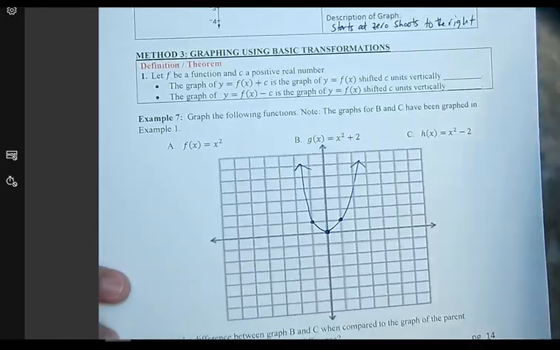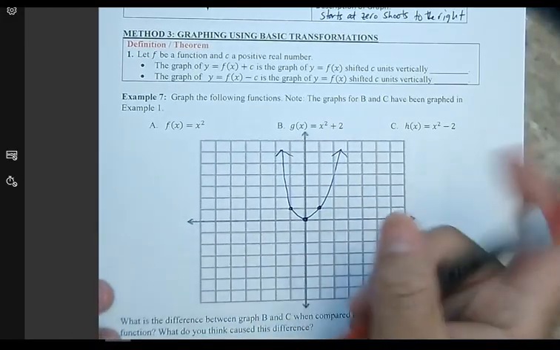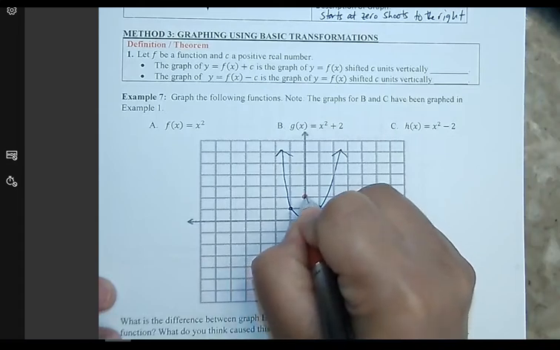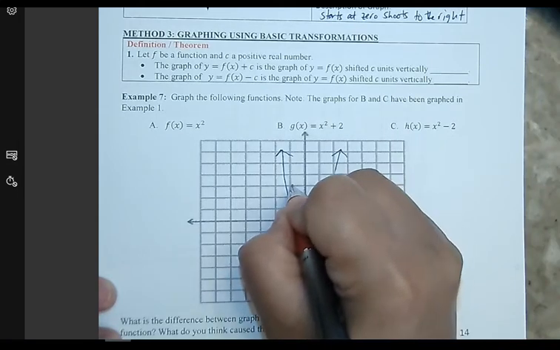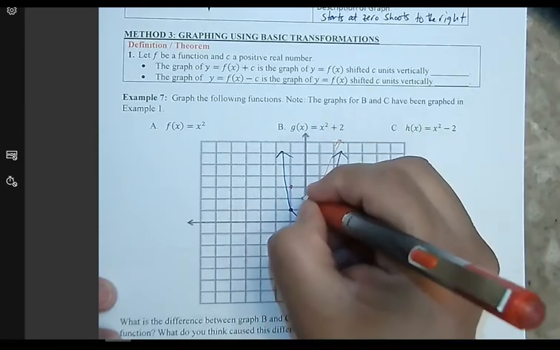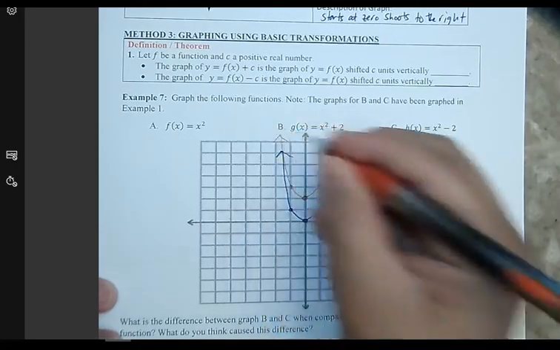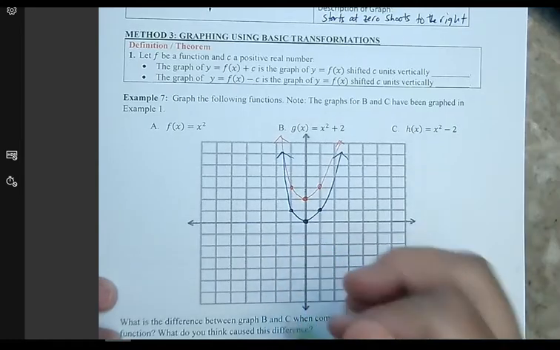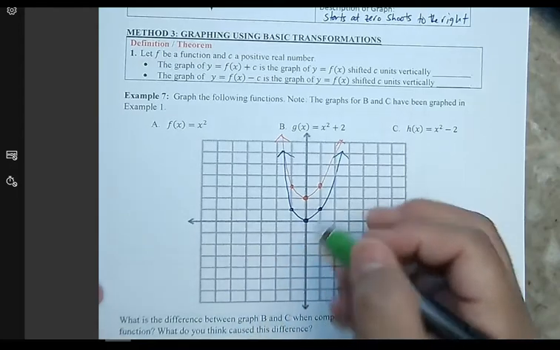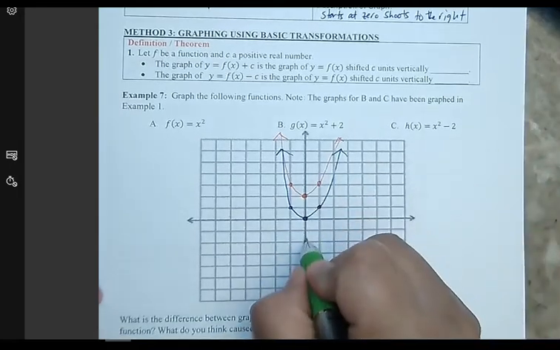Okay, so let's graph those on our paper. So the x squared plus 2 means that the points got shifted up 2 units. And the other one, for letter C, we can see that the graph went down 2 units.